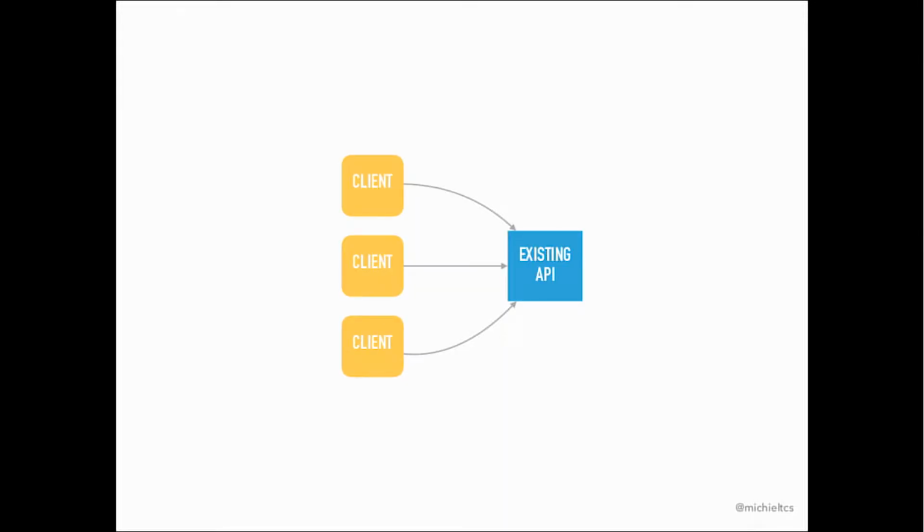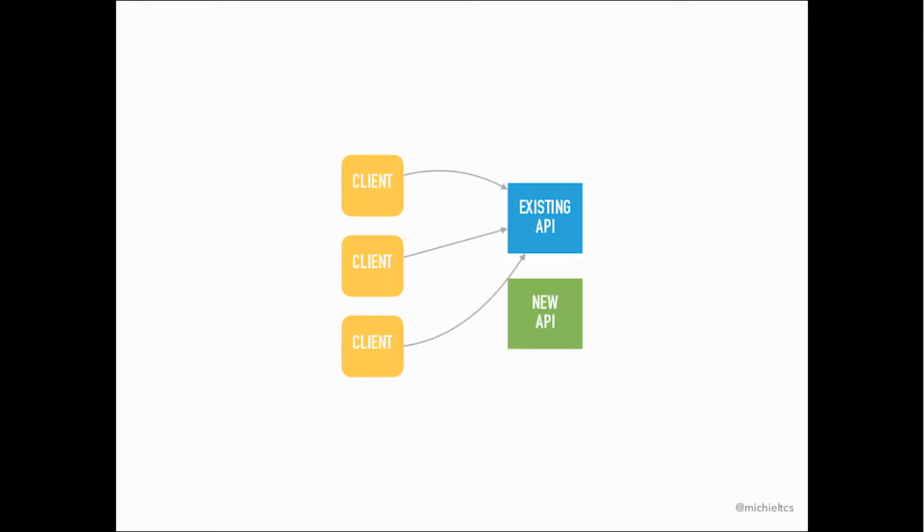Expand contract. Let's say we have a bunch of clients talking to an API. And for API, you can read database, or you can read class, or you can read pretty much anything that client code were to interface with. We have an existing API, and we don't want to break that. So we enter what is called the expand phase, and we add a new API.